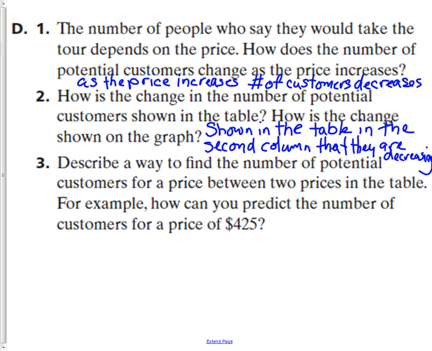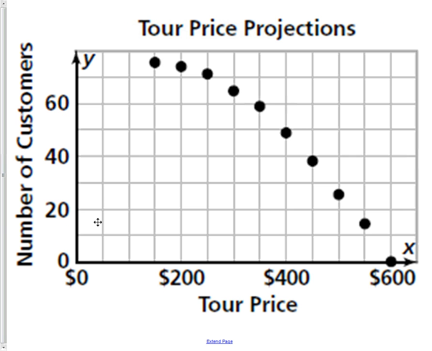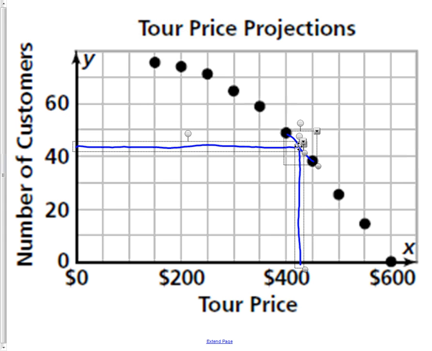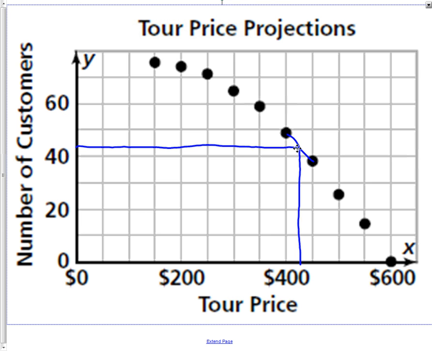Well, let's look at this method. First of all, let's look at the graph. We can connect those 2 points, 400 and 450, because I know that right in between, that's 425. So step 1, connect the points $400 to $450. Step 2 is I need to draw in these lines.